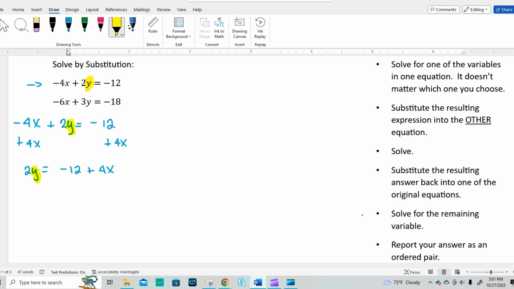That's good, but my y isn't really alone yet. So now I'm going to divide by 2. And I get y is equal to negative 6 plus 2x.